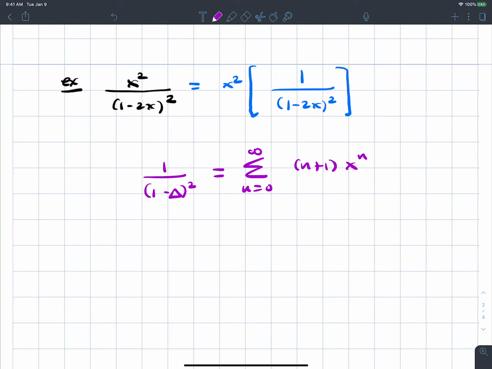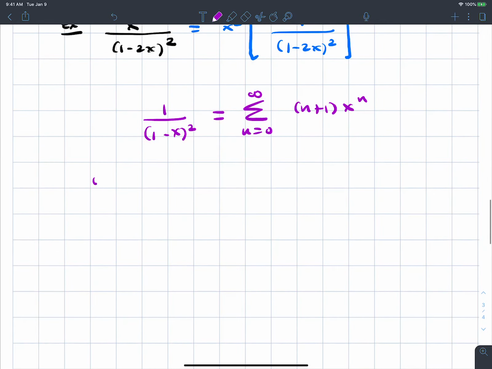I want to double check if it starts at 0. It sure is. This is what it was this morning. What you really use here, I'll rewrite it: 1 over (1 minus triangle) squared is the summation from 0 to infinity of (n plus 1) triangle to the nth power.